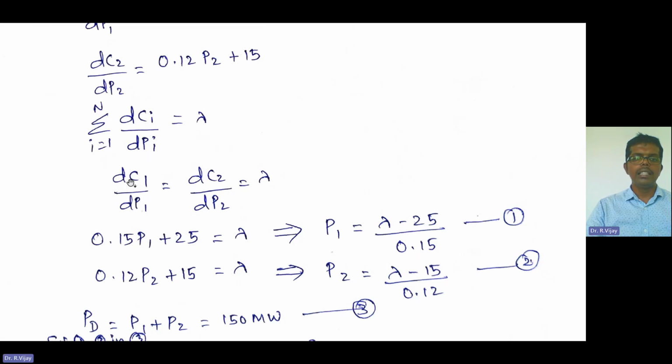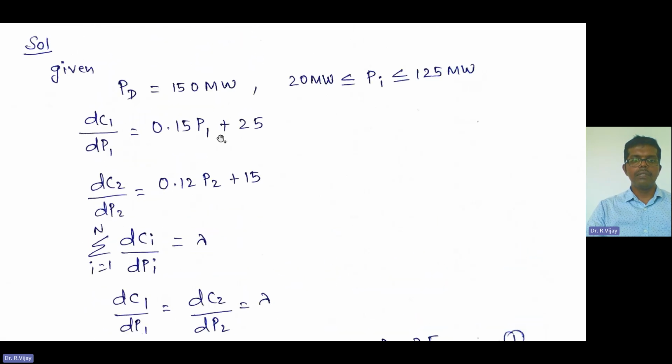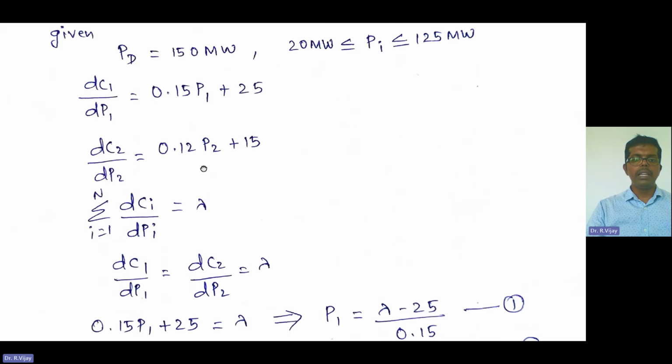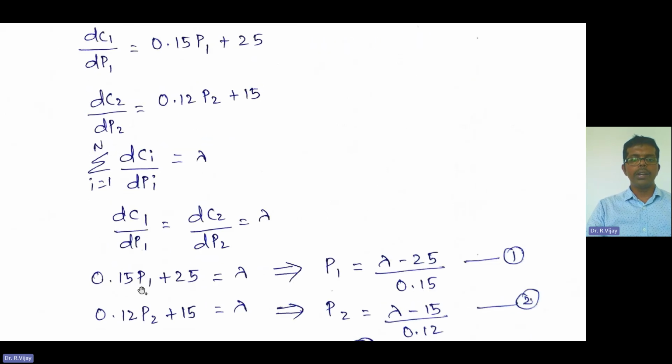The incremental cost with respect to P1 equals lambda: 0.15 P1 + 25 = lambda. From this we can find P1: P1 = (lambda minus 25) divided by 0.15. Take this as equation number 1.